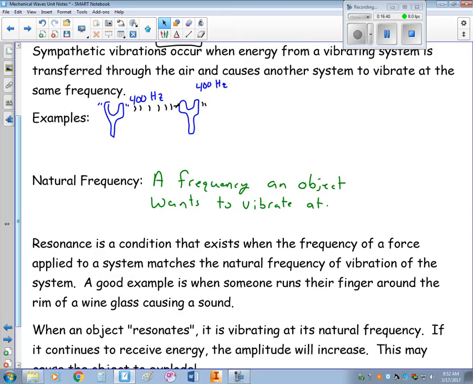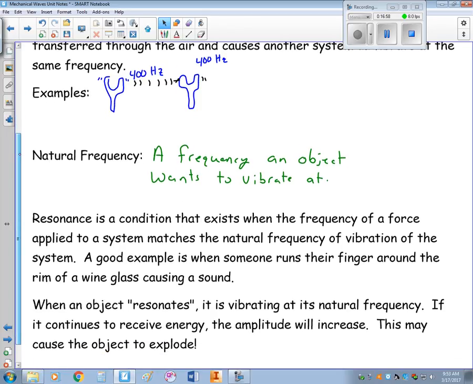The natural frequency of a 400 hertz tuning fork is 400 hertz. Some objects have many different natural frequencies, like a guitar. It has a lot of different natural frequencies, which is why it can vibrate with many different strings.